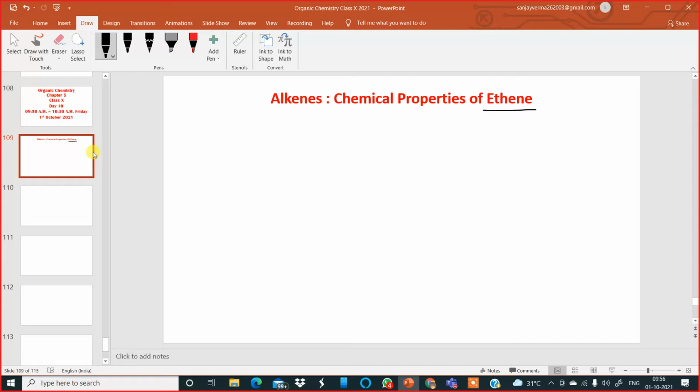Okay. Now, ethene is an alkene containing a carbon-carbon double bond. That is why it will undergo addition reactions easily. The first type of reactions which ethene normally undergoes is called addition reactions.